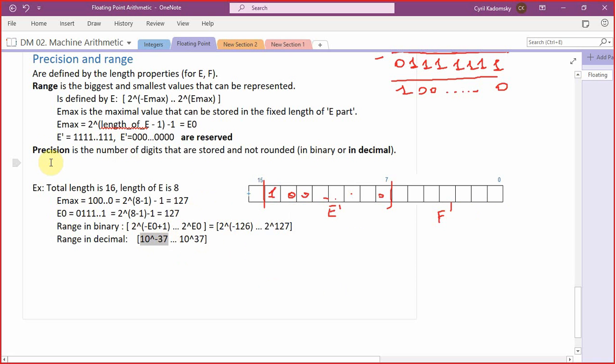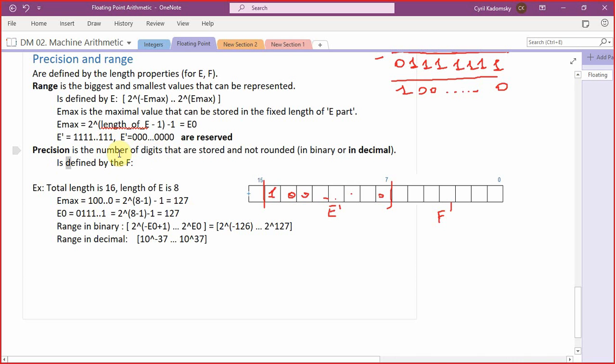But what about the precision? The precision is actually in this huge number how many digits are exact, and all the rest are rounded. So how many digits can we trust in this number? And the precision is defined by the fraction. Very easy. The precision is the number of digits.